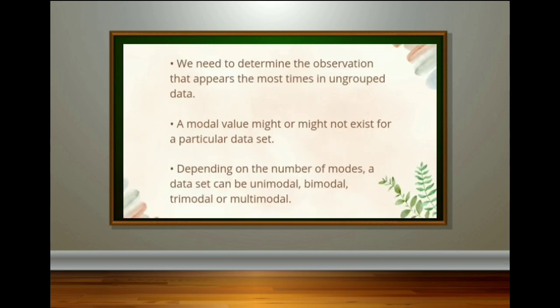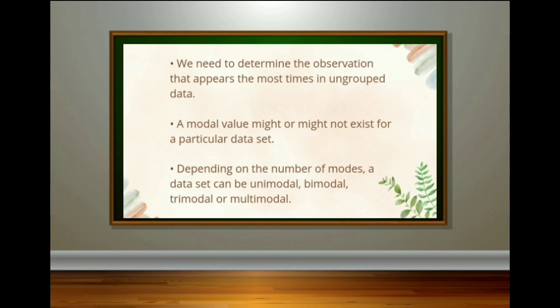So here are the things that we need to do in order to determine the mode. First, we need to determine the observation that appears the most times in ungrouped data. The observation with the highest frequency is referred to as the mode. Second, a modal value might or might not exist for a particular data set. There can be no mode at all for data with no repeated values.